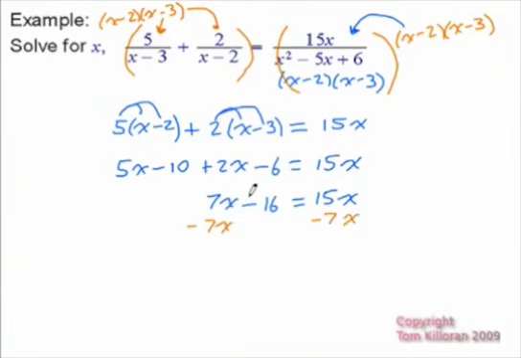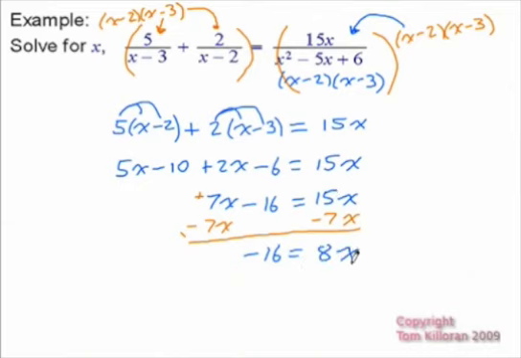A little note, this sign is irrelevant to what we're going to do to this 7x because it falls to the right of it. We only worry about signs that fall to the left of them, and this 7 being positive makes this one down here being negative. Alright, we're going to get that 0. 0 minus 16, of course, is negative 16, is equal to 15 minus 7, which is 8x.